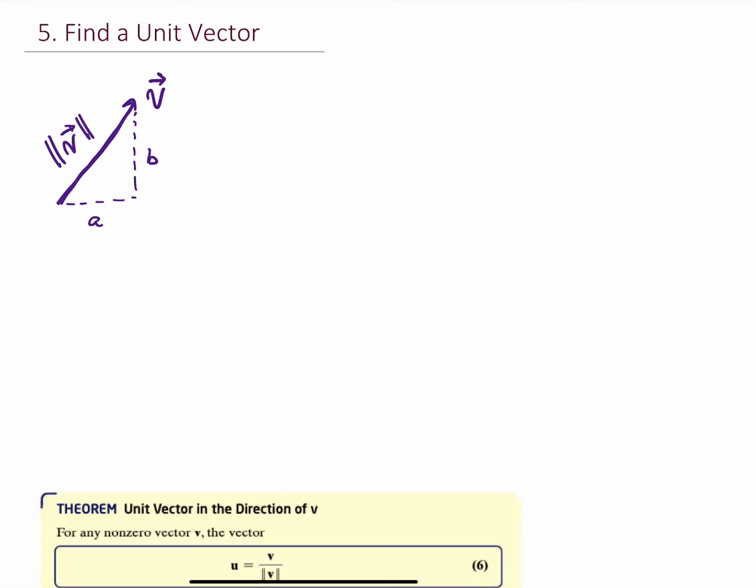So if we want to scale this down so that its magnitude is equal to 1, we can just divide or multiply the vector by 1 over its magnitude. Like if we wanted to change 4 into 1, you would want to divide it by 4. You want to divide it by the same magnitude of the number. So same idea here. If we want to scale this back to just have a magnitude of 1, we can multiply by 1 over the magnitude.